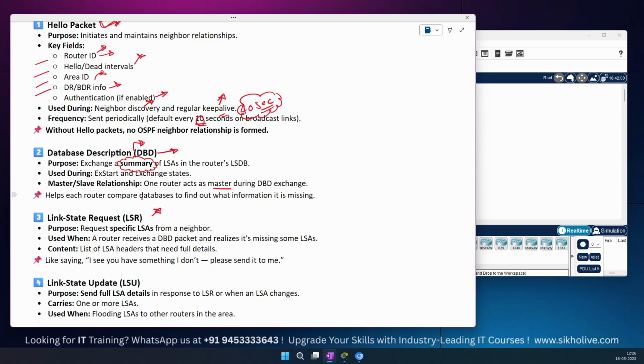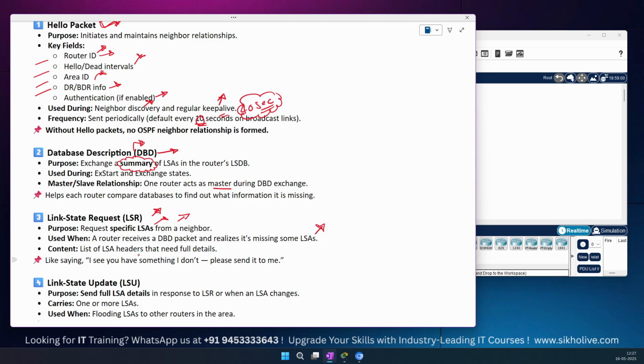Link state request means requesting a specific LSA from a neighbor. If there is any missing part in DBD, then it requests the link state information from the neighbor. It is used when a router receives a DBD packet and realizes that it's missing some LSA.